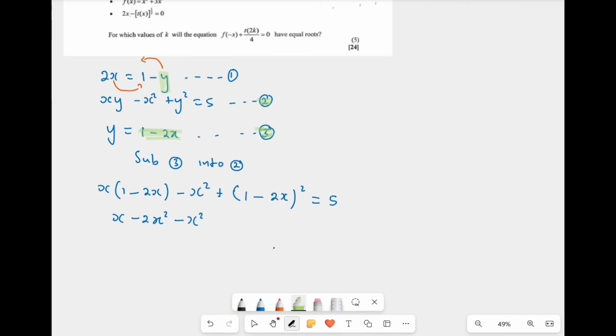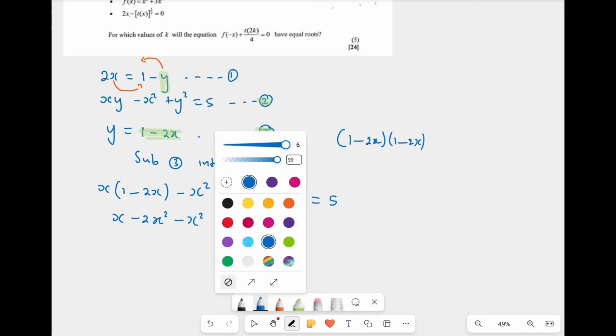And then these, I can see that they are squared. So the bracket is exactly repeated twice. So I am going to have 1 minus 2x multiplied by 1 minus 2x.